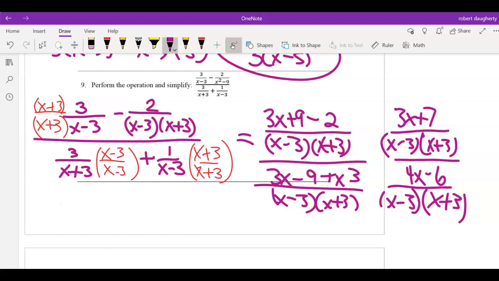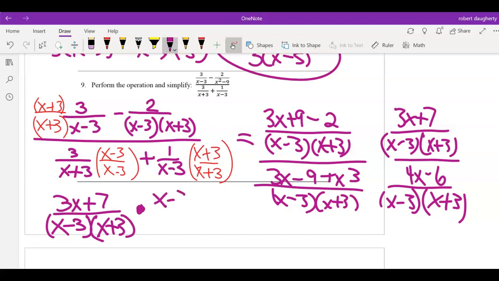So I can invert this and multiply by the reciprocal. So you've got 3x plus 7 over x minus 3, x plus 3, times, let's invert that, you'll have x minus 3, x plus 3, divided by 4x minus 6.